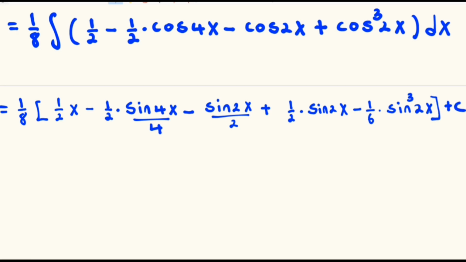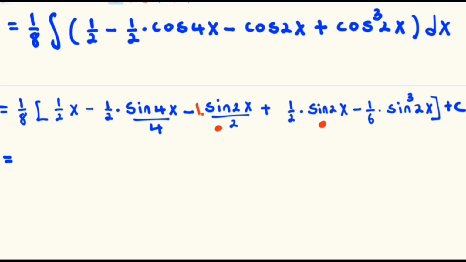So from here, let's try to simplify. This negative sine 2x divided by 2 plus that 1 over 2 multiplied by the sine 2x are like terms and they will cancel out each other, since one is positive and the other is negative, and they are both half.